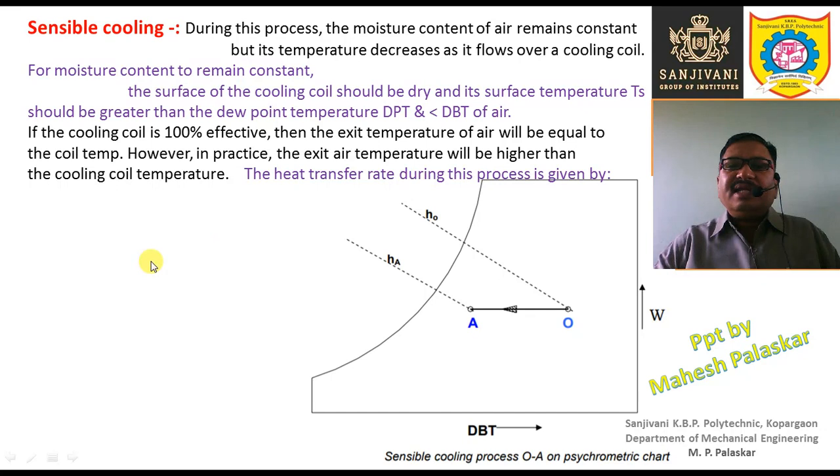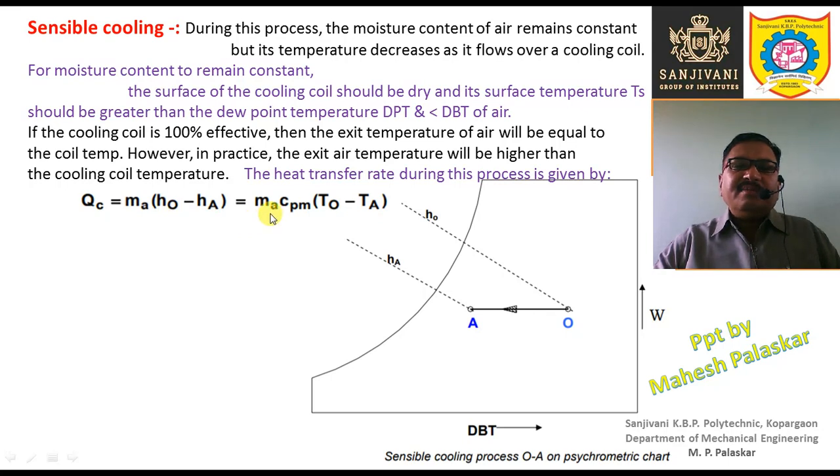So the heat transfer rate during this process is given by this formula: the heat transfer rate is equal to the mass of air multiplied by the decrease in enthalpy, HO minus HA. This can also be written in this way, that is mass of air into specific heat of moist air multiplied by the change in dry bulb temperature.